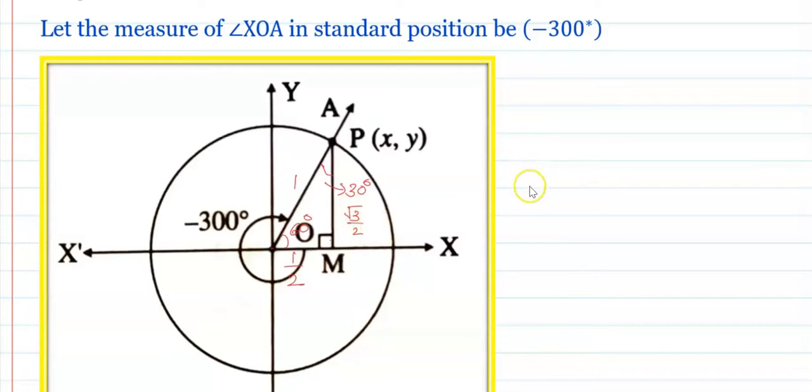Here x is equal to OM, that is 1 upon 2, and y is equal to PM, that is root 3 upon 2. Therefore, in the first quadrant, the point P has x positive and y also positive.